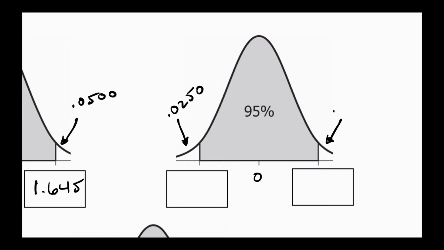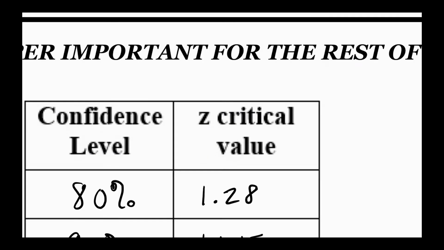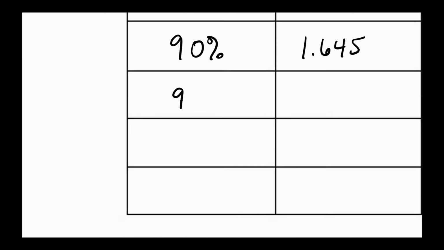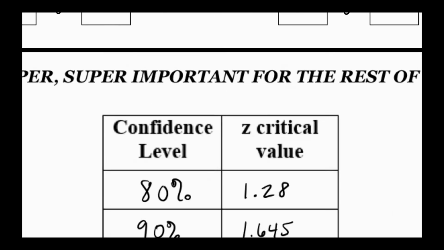So we go on our tables, which one's closest to that? Negative 1.96, positive 1.96. Did you get it? Oh, I'm on the wrong decimal point. Okay. So for 95%, 1.96. Okay.